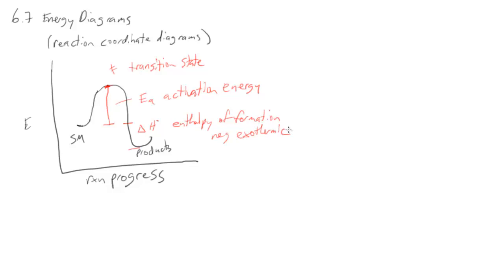So in this case, it would be an exothermic reaction. And if we wanted to think about K, our products are lower energy, so products are favored, and our K would be greater than 1.